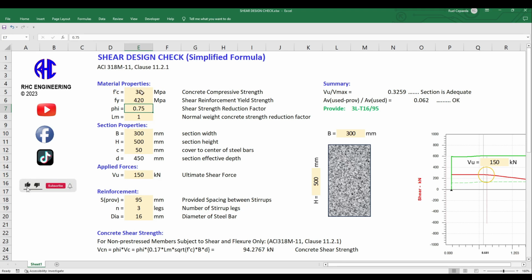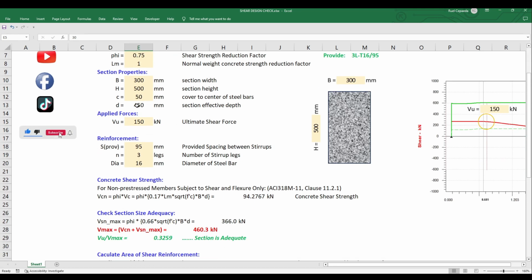So we have here the material properties. We need to input the data: the compressive strength of the concrete, the Fy, the shear reinforcement yield strength, the Phi, which is the reduction factor of the shear strength, and the Lambda, if using normal weight concrete, so you just use one.